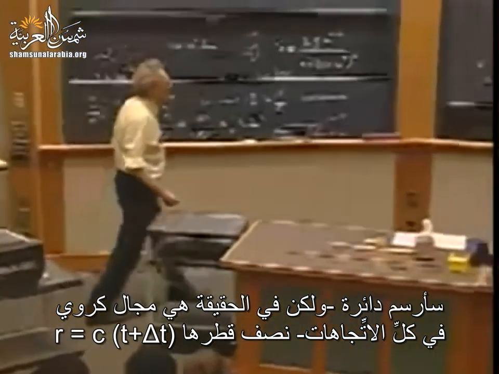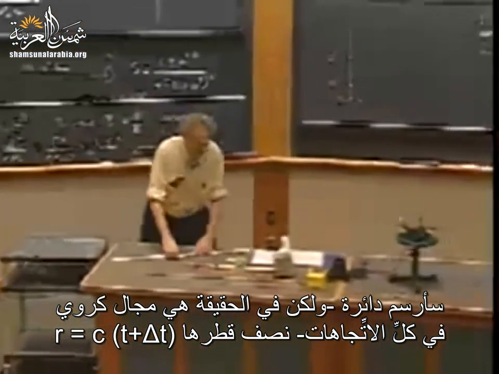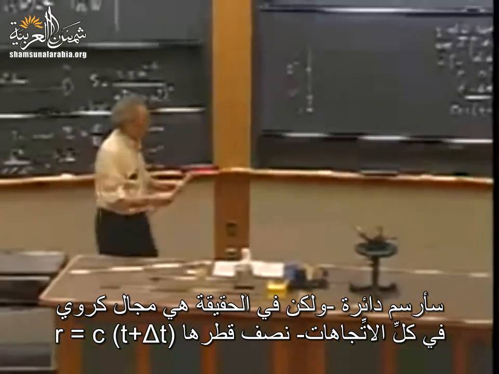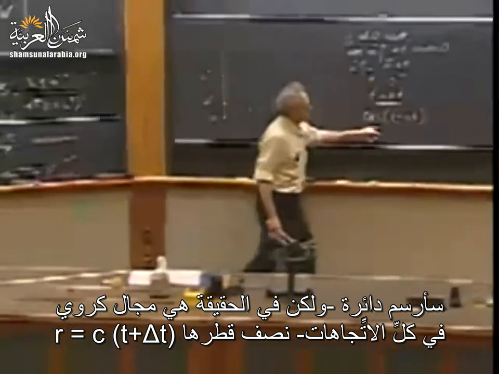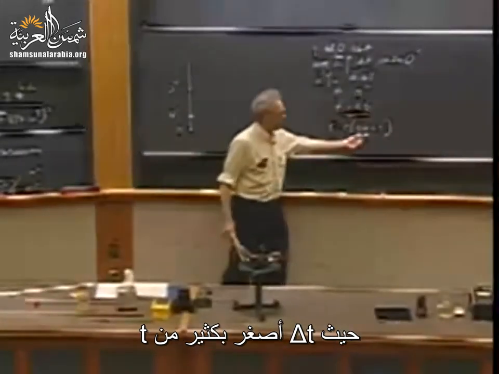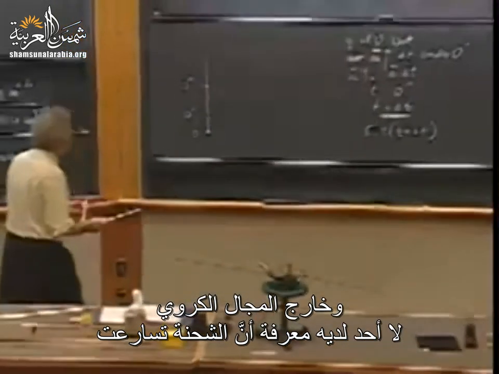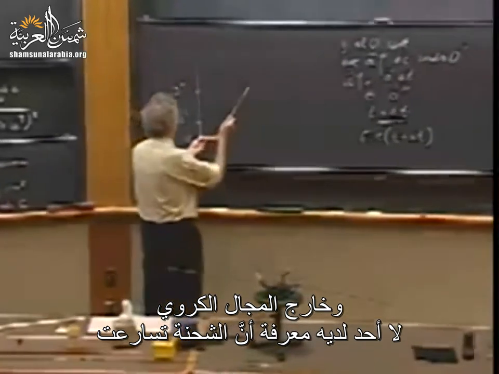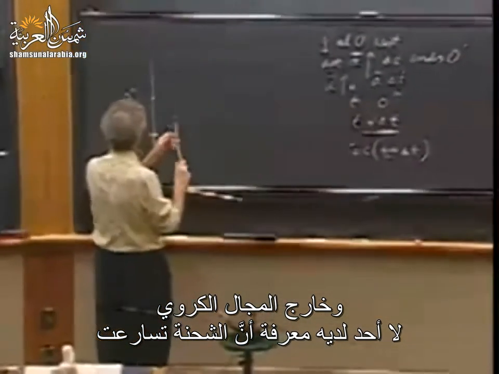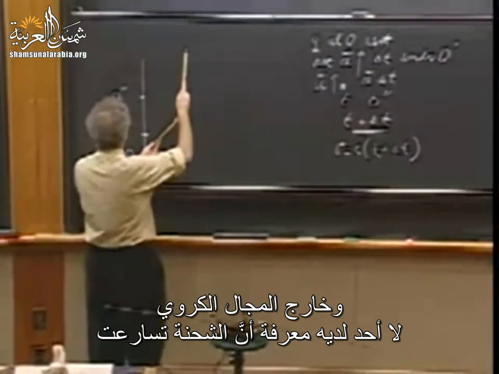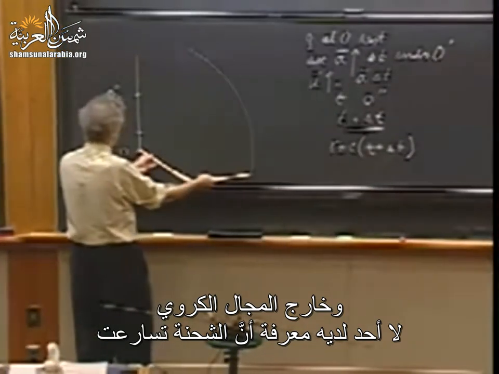So I'm going to draw a circle, but in reality it is a sphere in all directions, which has a radius c times (t plus delta t). Delta t, by the way, is way much smaller than t. And outside that sphere, there is no knowledge. The world doesn't have any clue about the fact that this object was being accelerated.